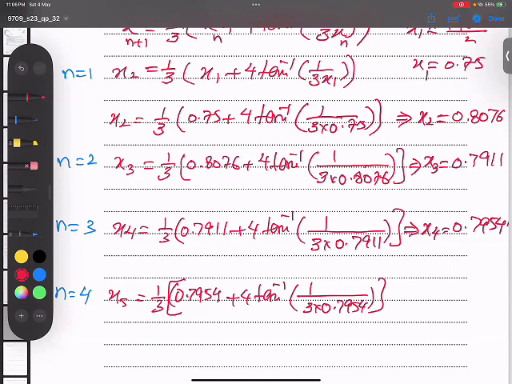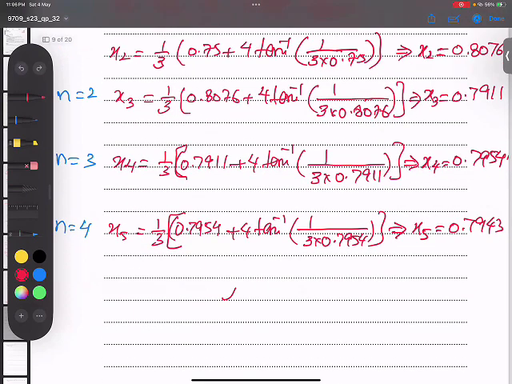Okay, and let's see what answer I get. x5, I'm getting 0.7943. Students, see, this now starts decreasing. So it means our answer is coming 0.79. So Alhamdulillah Rabbil Alameen. For a more secure answer, you can go for one more step. I think you got the point.